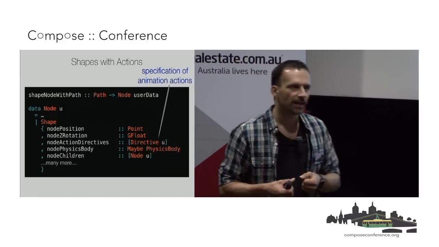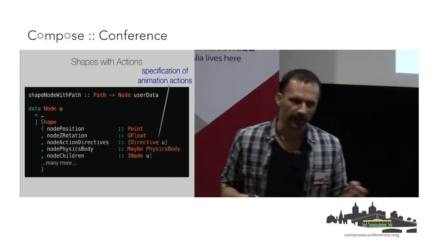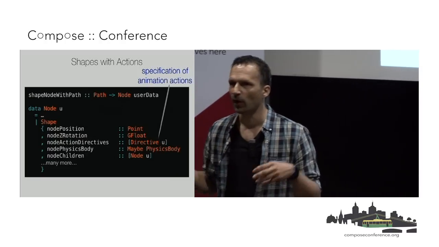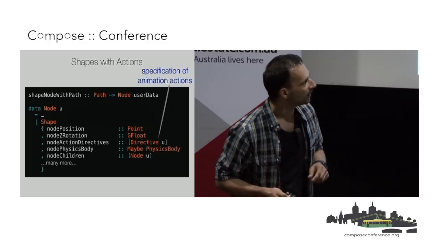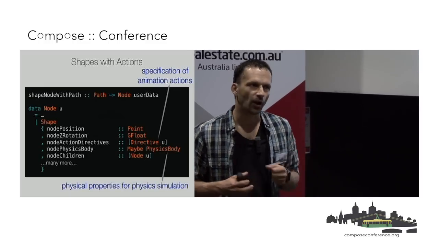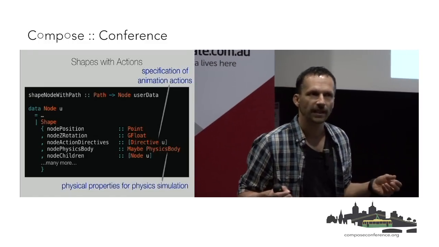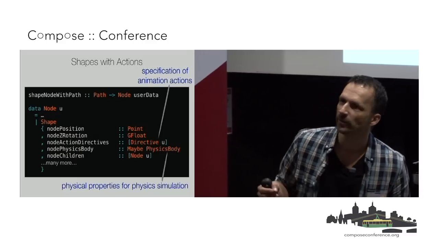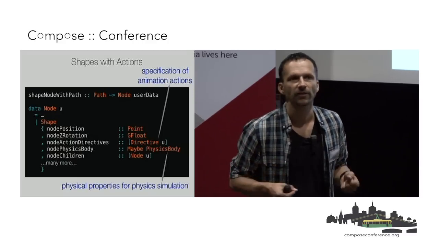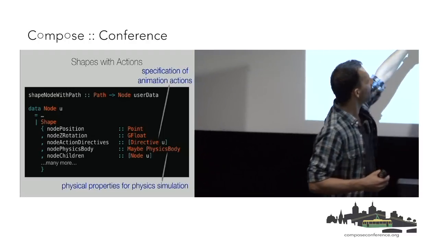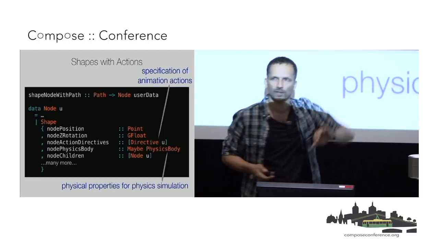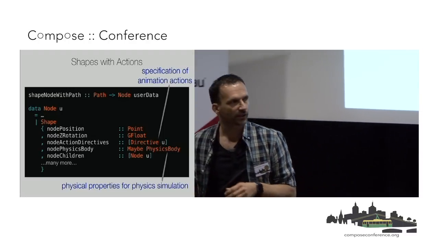In particular, there are action directives, which are actions for animations. I'll show you 2 examples in a moment. And even more excitingly, optionally, such a node can have physical properties, which will be the basis for simulation by a physics engine. And then those nodes themselves can have children. Okay, so we are moving to a tree structure.